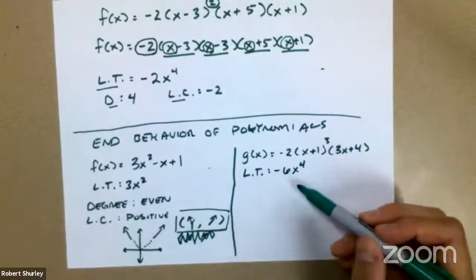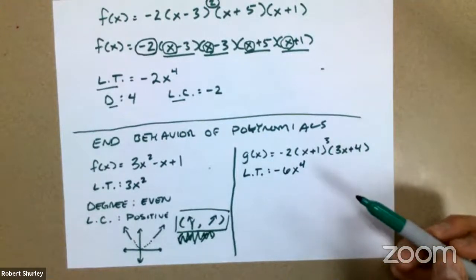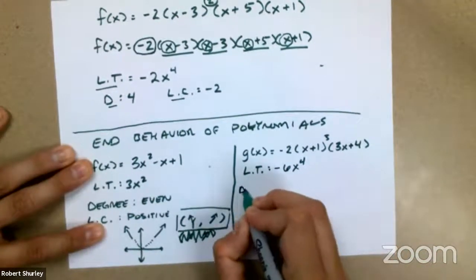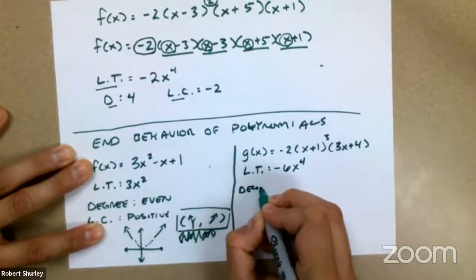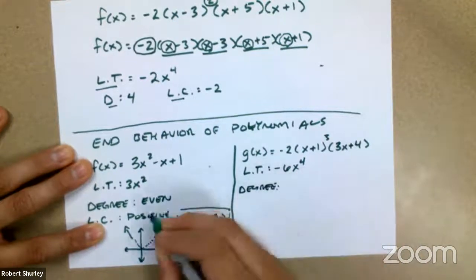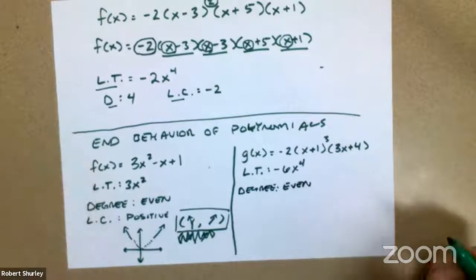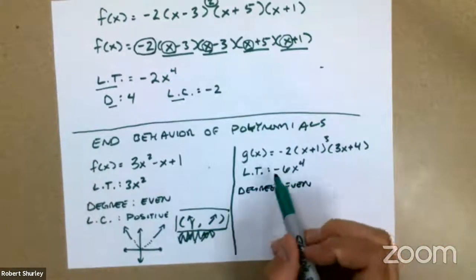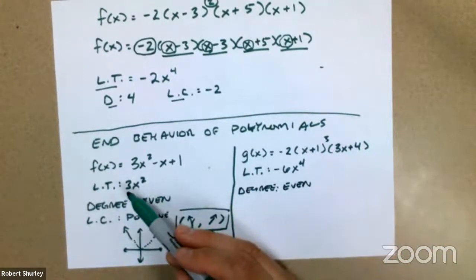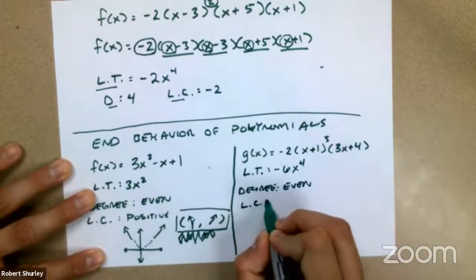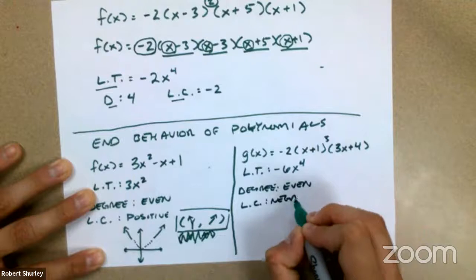So my leading term winds up being negative 6x to the 4th. So my degree, just like the example before, is even. It's 4. But what matters is that it's even. What's different is my leading coefficient. Instead of being positive, my leading coefficient is negative.